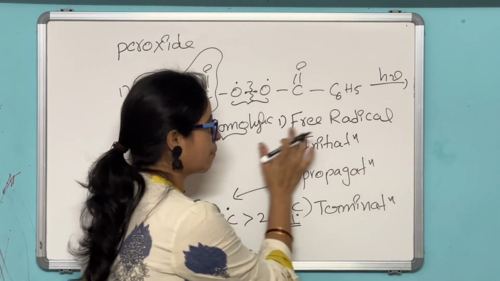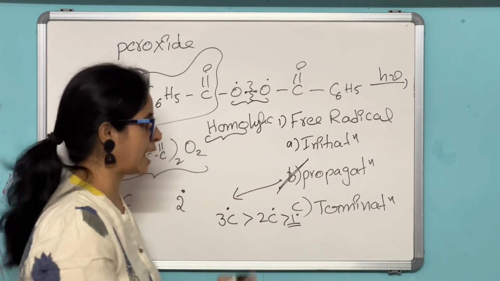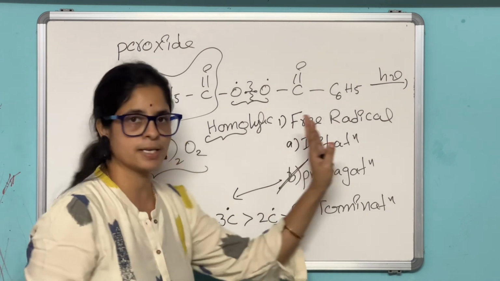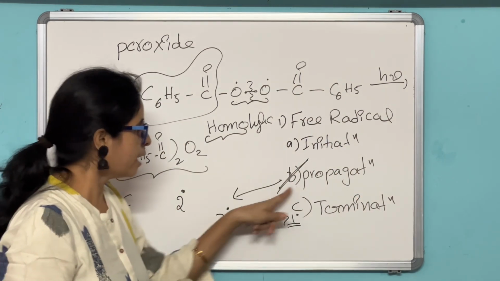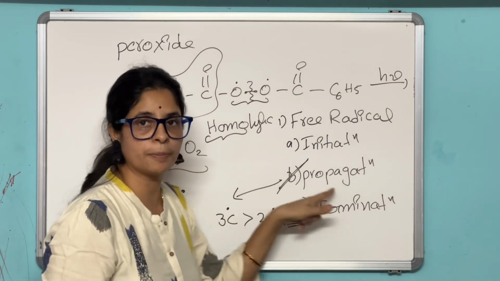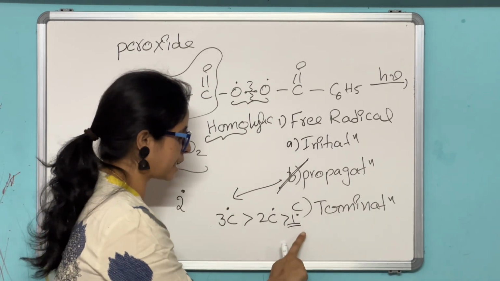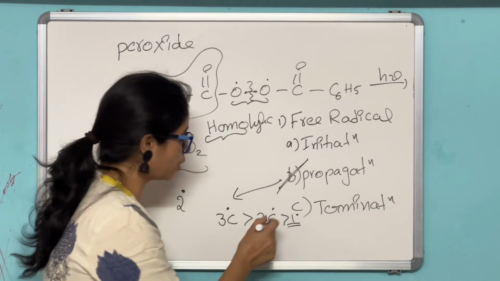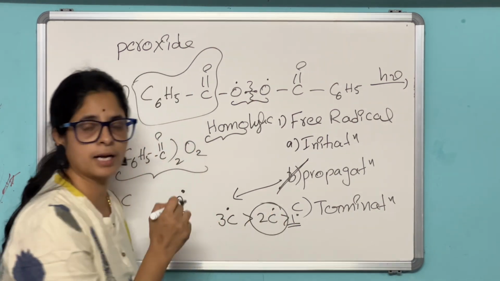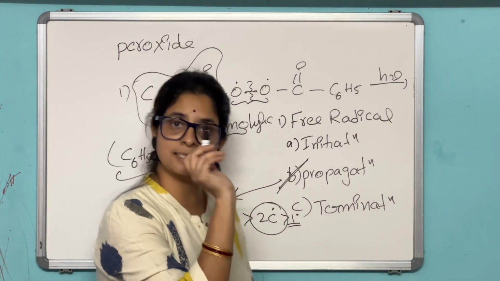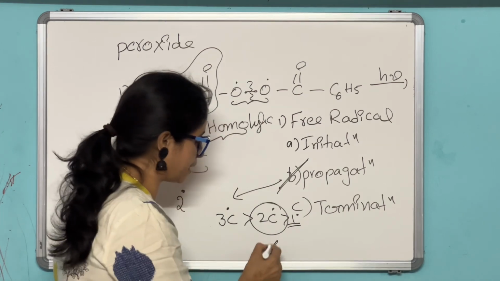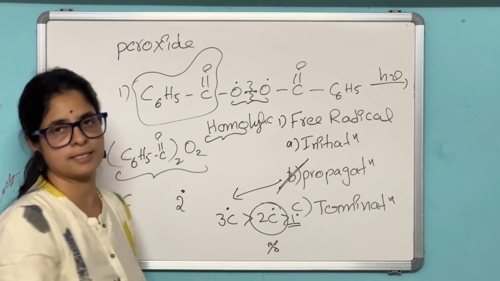So here it may take place through the free radical mechanism. Free radical mechanism means 3 steps. So during the propagation step, there are 2 possibilities leading to the secondary and primary. Here we got the secondary carbon formation product as the major product, means maximum percentage. So this was the mechanism proposed.